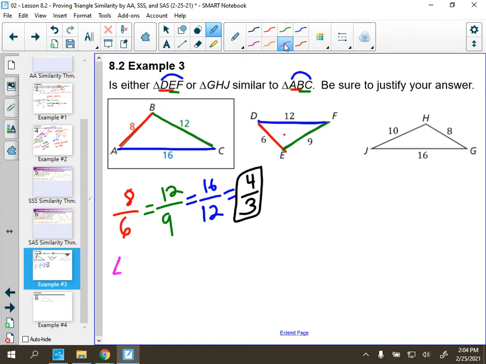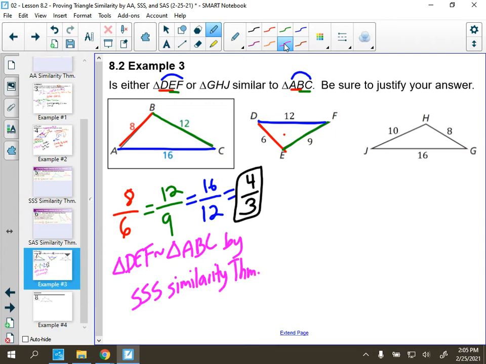Triangle DEF is similar to triangle ABC by the SSS similarity theorem. And I'm totally fine with that. We've justified it. Everything's backed up there. Those all work out. Mine's beautiful, color coded and everything.